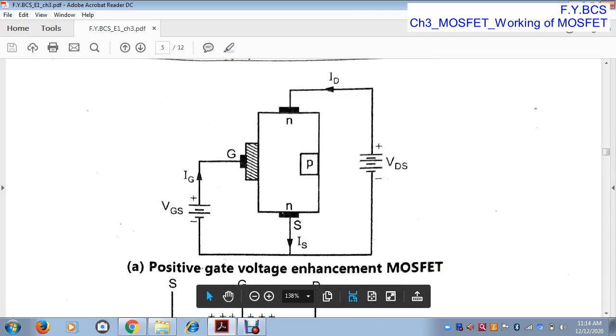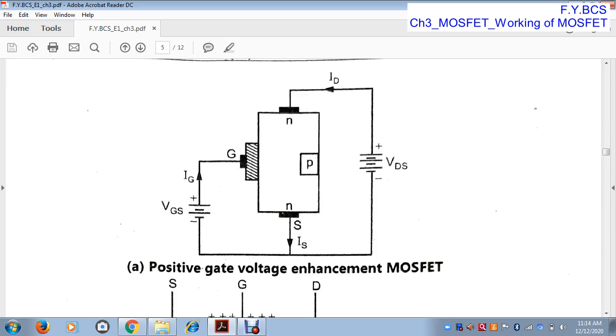Now we connect another voltage source between the drain terminal and source terminal, which is called VDS. VDS is nothing but the drain to source voltage, because this voltage source is connected between the drain terminal and the source terminal.